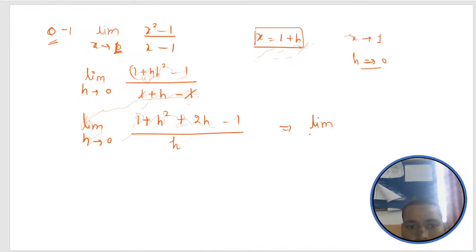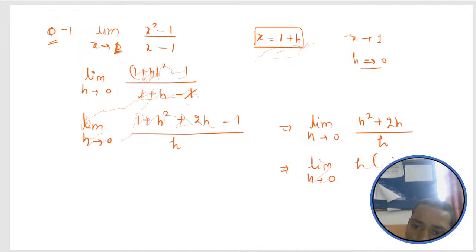Limit h tending to 0, h square plus 2h upon h. h can be taken as a common from the numerator, and limit h tending to 0, h plus 2 divided by h will cancel, and limit h tending to 0 equals to h plus 2. If h is tending to 0, the answer of this expression will be 2.